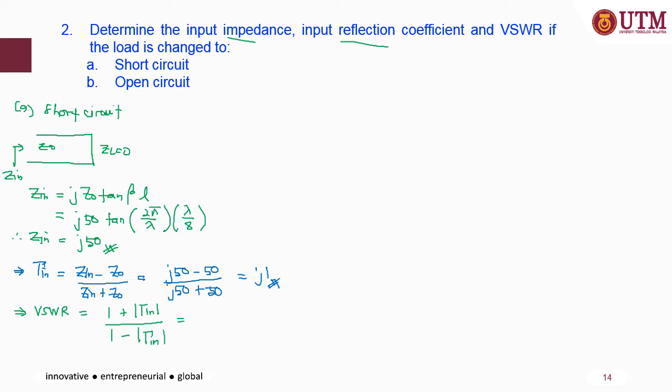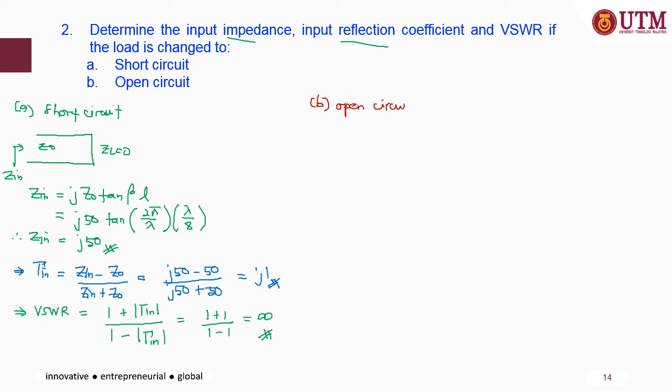So the magnitude of j1 equal to 1. So 1 plus 1 divided by 1 minus 1. So your VSWR for short circuit will be infinity. Okay, next let's move on to B for open circuit.